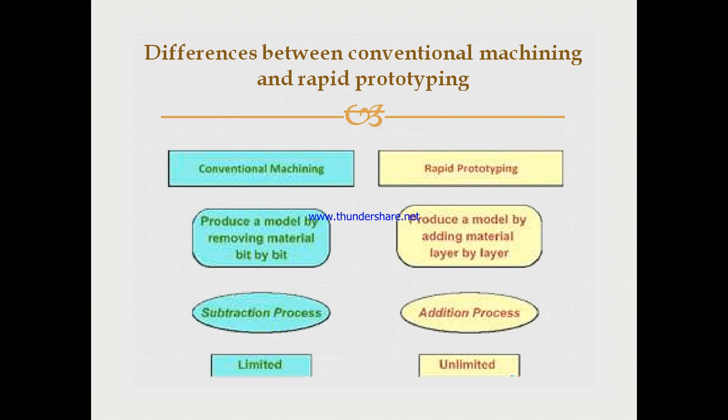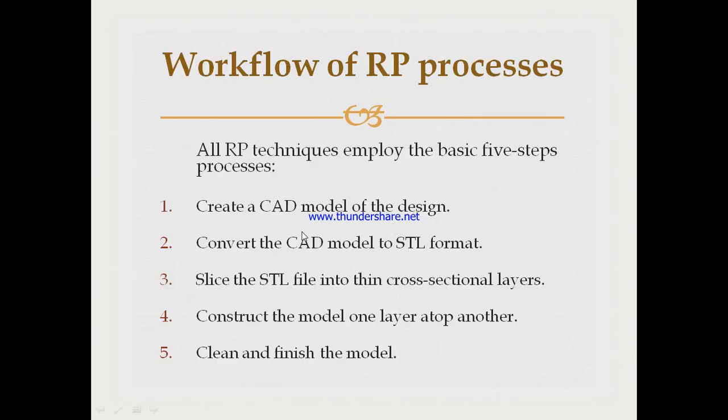But in case of rapid prototyping, no such different tools are used. We can manufacture any product by layer manufacturing. So this is the basic difference between conventional machining and rapid prototyping. So what is the general workflow of this rapid prototyping process?